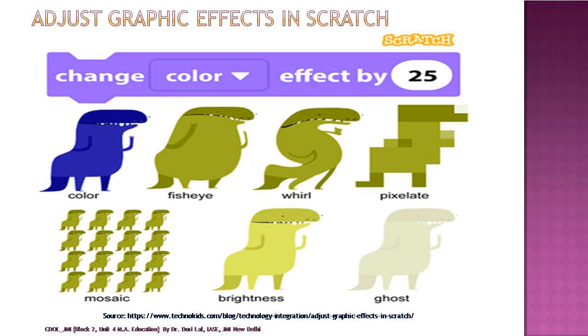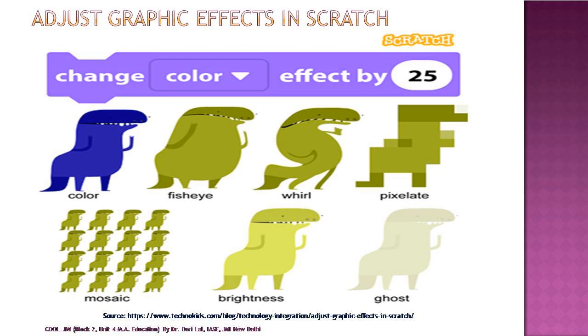In color, we can change the hue of a sprite. With a positive value, it changes the color in the following order: green, blue, purple, pink, red, and orange. In fisheye, we can bulge or shrink part of the sprite.